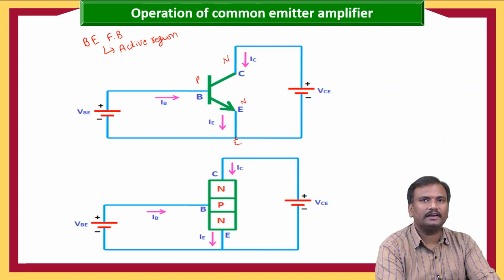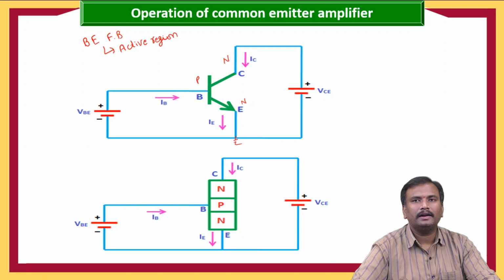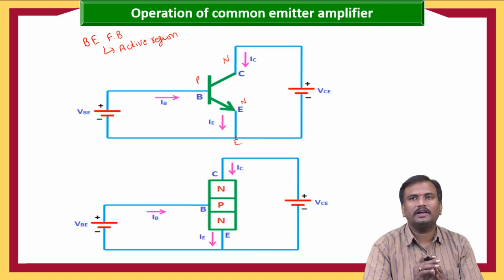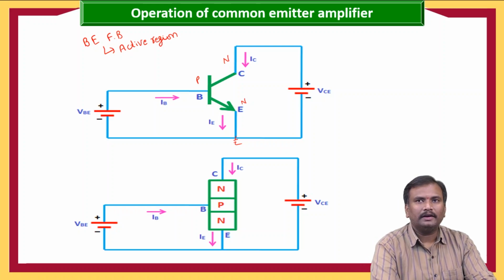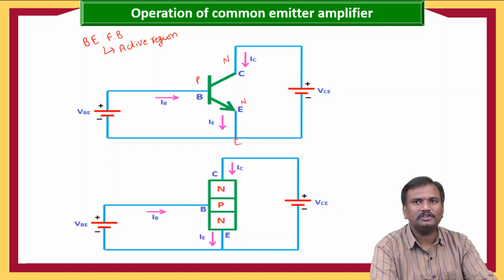When the P layer is connected to the positive of VBE, the holes in the P layer and the positive voltage will repel each other. Because of the repulsion, the holes will move towards the junction, so the depletion layer will get reduced.